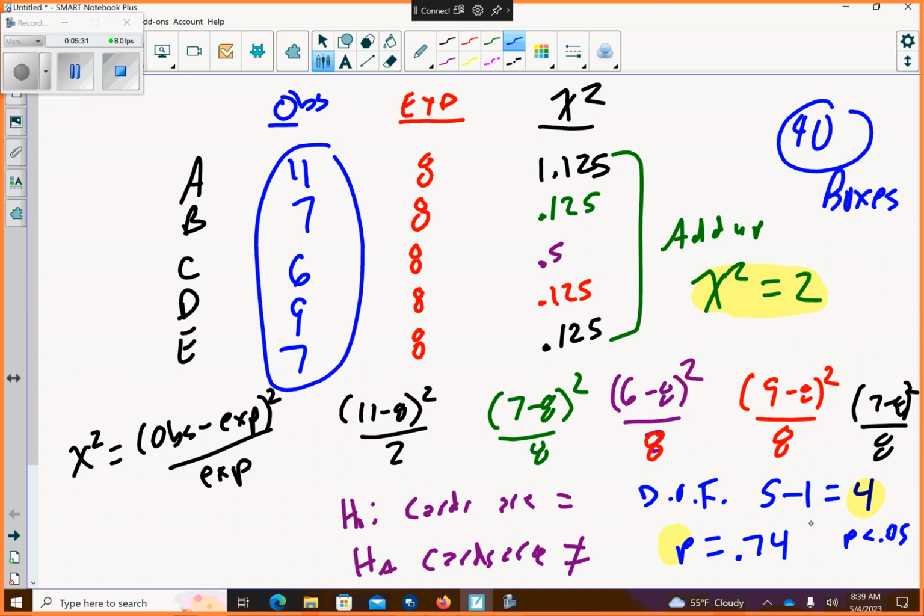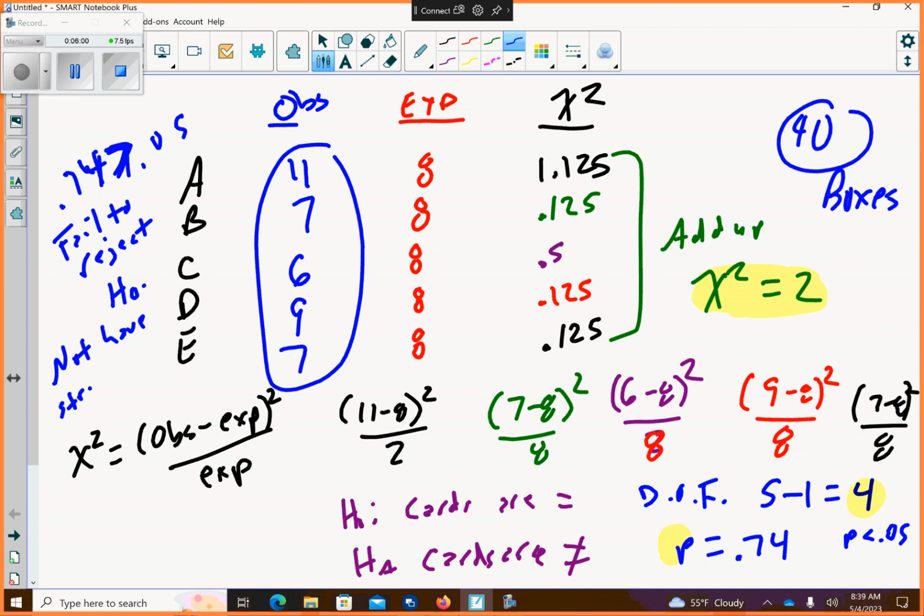So because 0.74 is greater than 0.05, we are going to fail to reject the null. And we did not have strong evidence against the null.